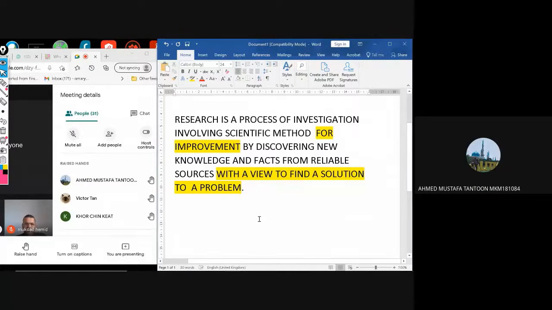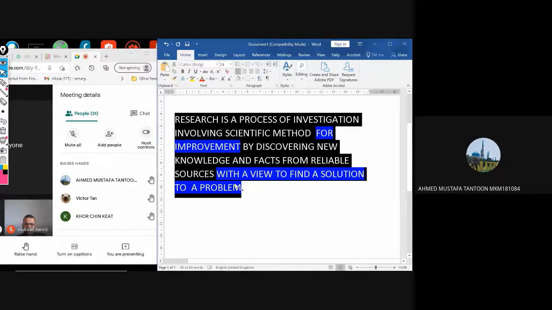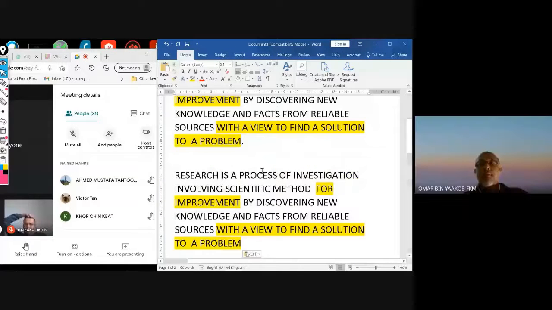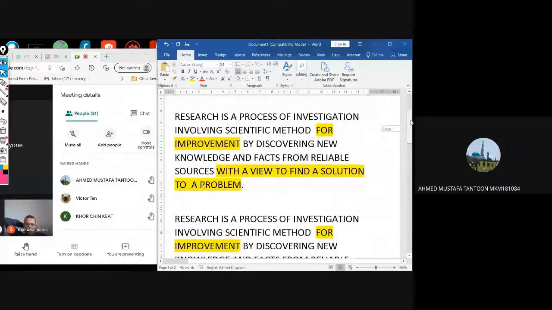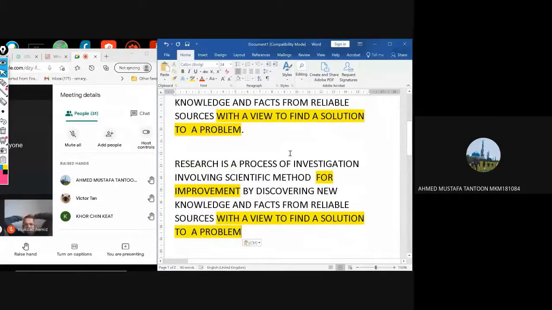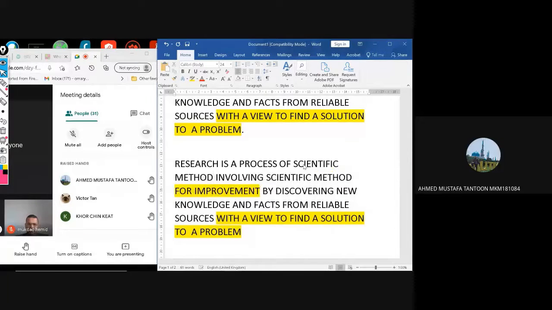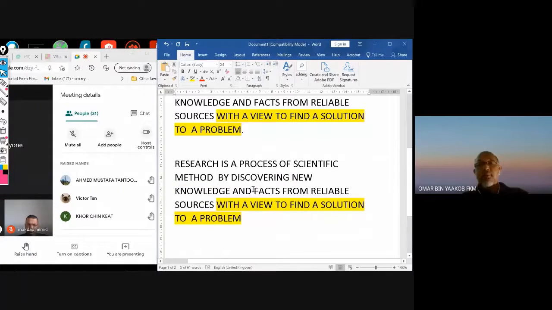But you have to cut investigation involving. We can say that research is a process of scientific method for improvement. Delete the involving, and for this one as well, remove.